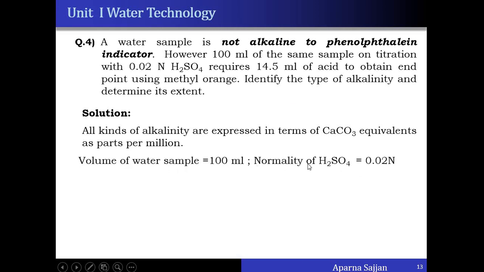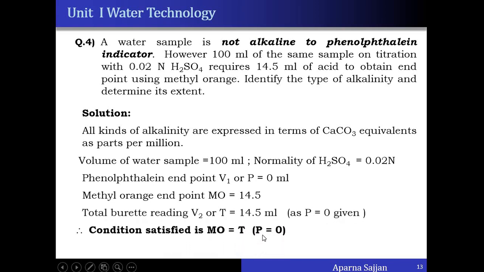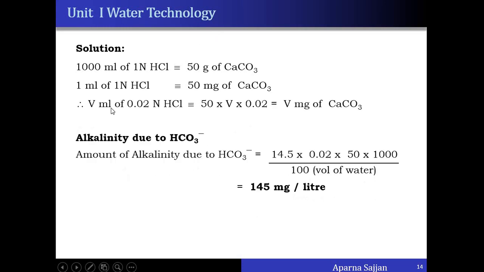So volume of water sample 100, normality of acid given is 0.02, P is 0, MO is 14.5 and it is also total. Condition satisfied is MO is the total and therefore only bicarbonate alkalinity is present in water. So let us see the calculations.